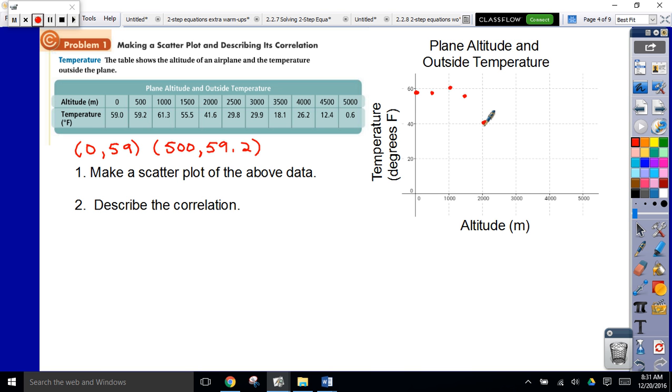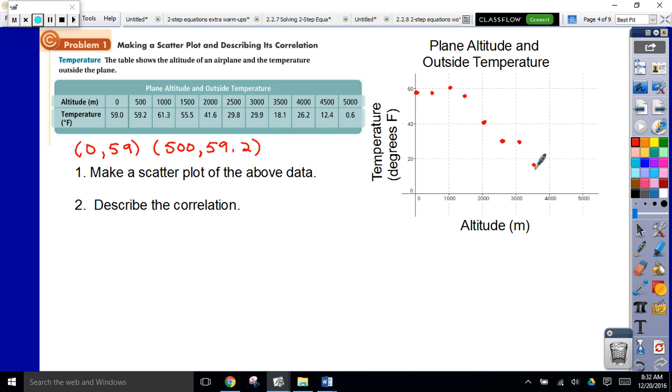At 2,500 meters, the temperature is 29.8. Okay, at 3,000 meters, it's 29.9, so pretty much the same place. At 3,500 meters, the temperature is 18.1, so that's going to be about here.